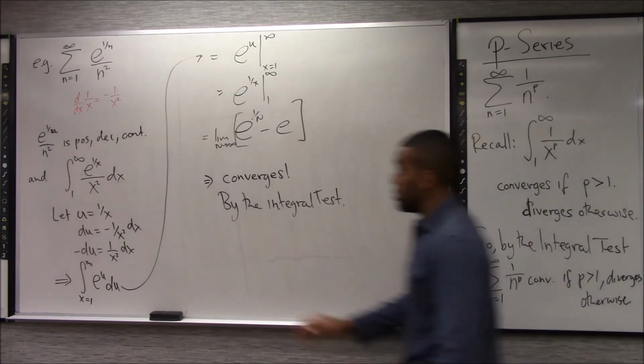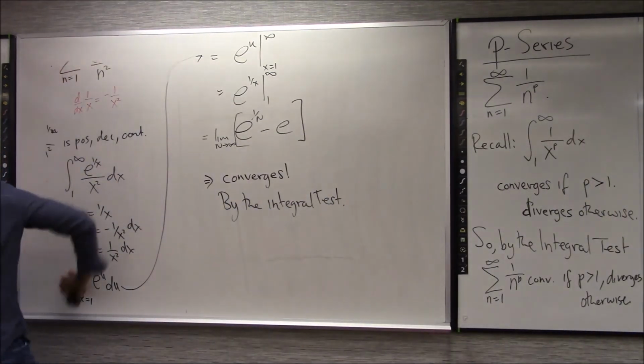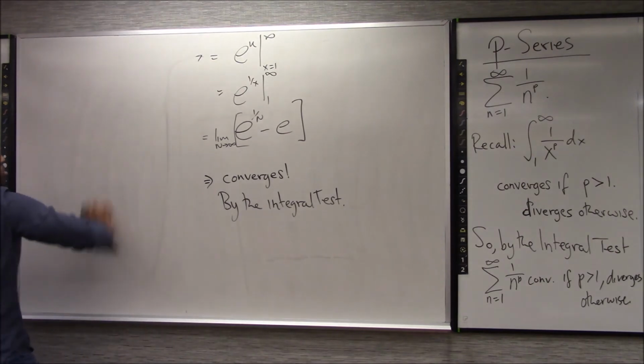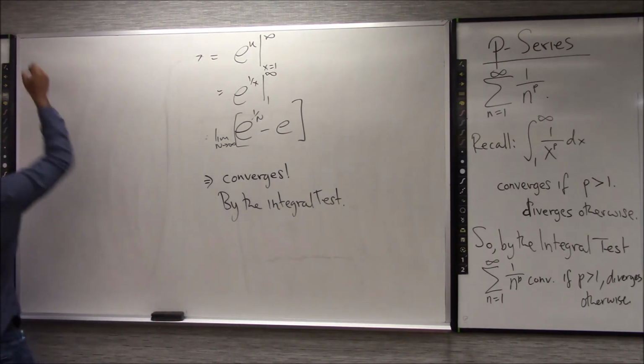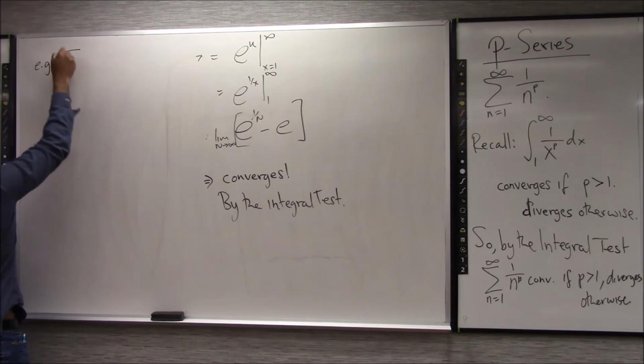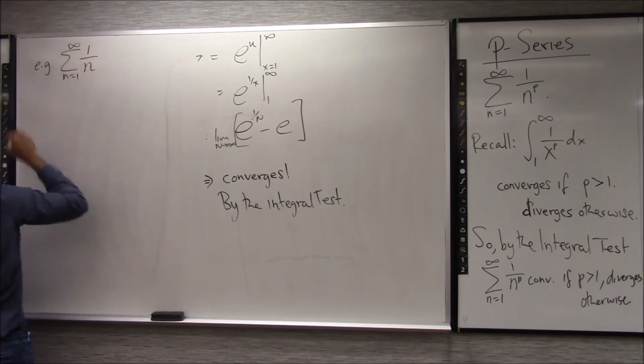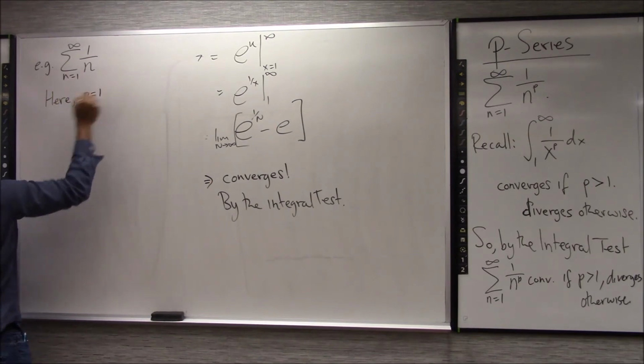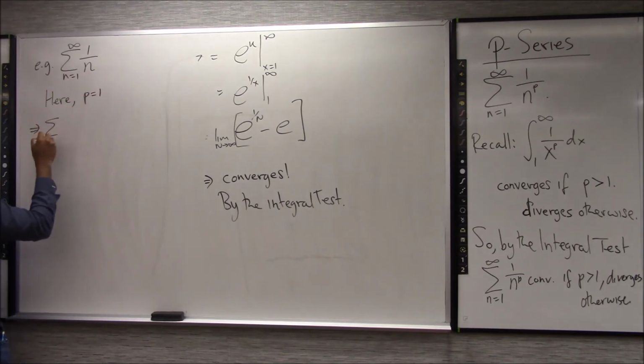So let's look at some examples. First example, n goes from 1 to infinity of 1 over n. Here, p equals 1. This means this series diverges.